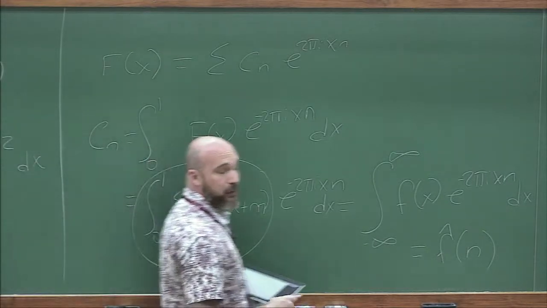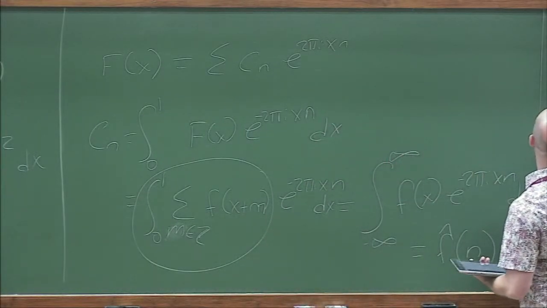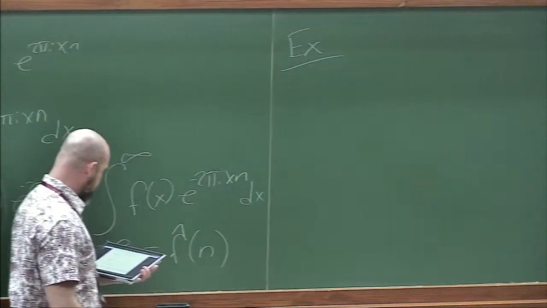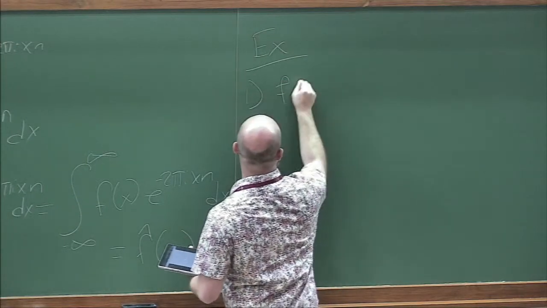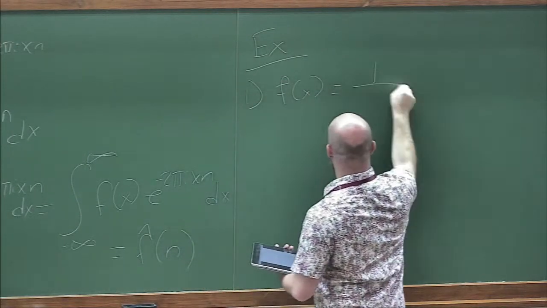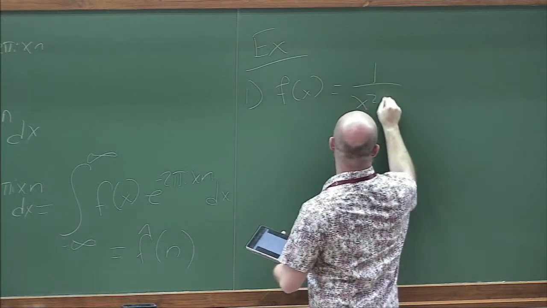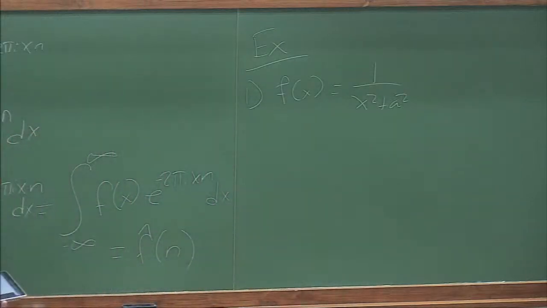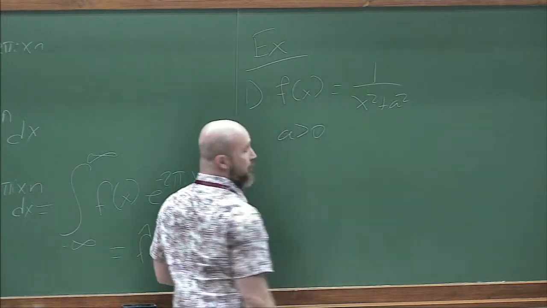A couple of very important examples of this. I'm going to go over two examples right here that are going to show up over and over in modular forms. The first one is f of x equals 1 over x squared plus a squared, for some fixed constant a. Let's say a is bigger than 0.